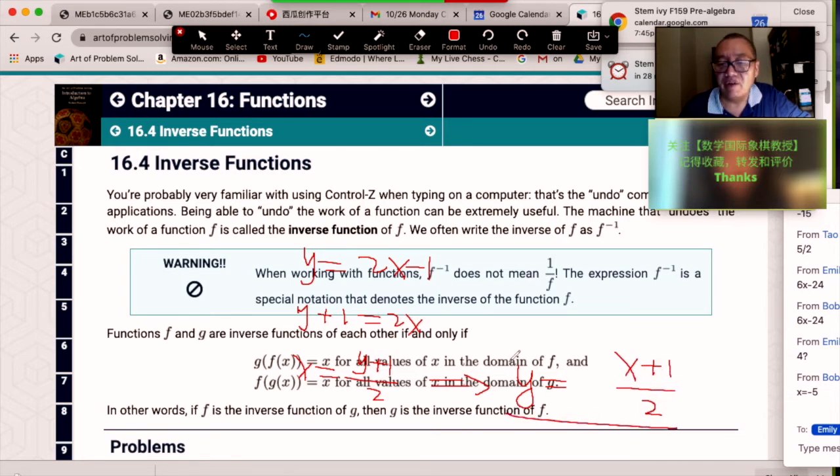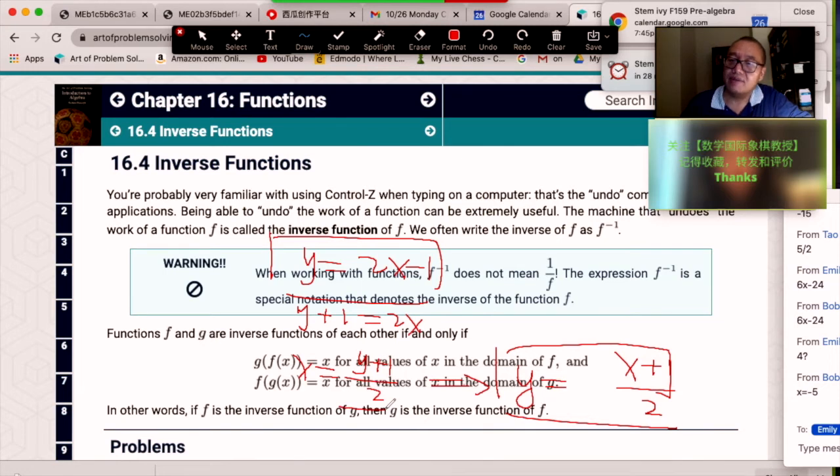We call this the inverse function of the original one.